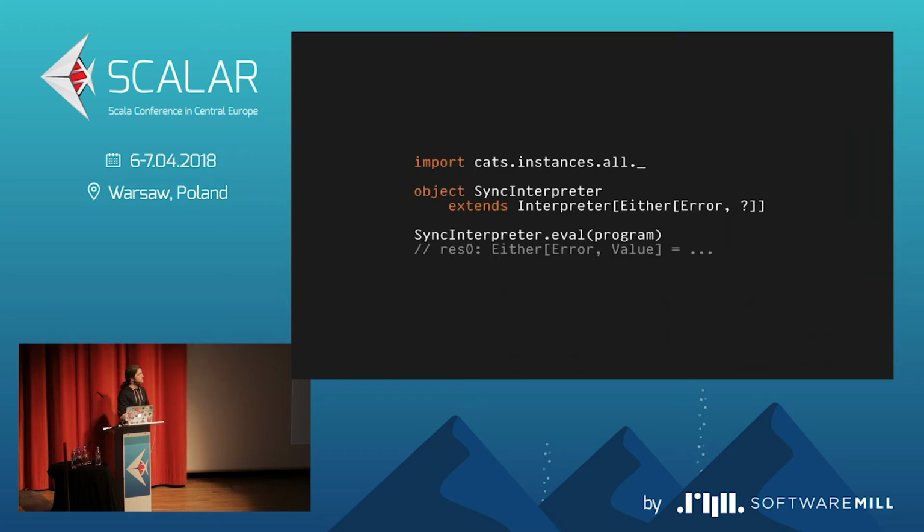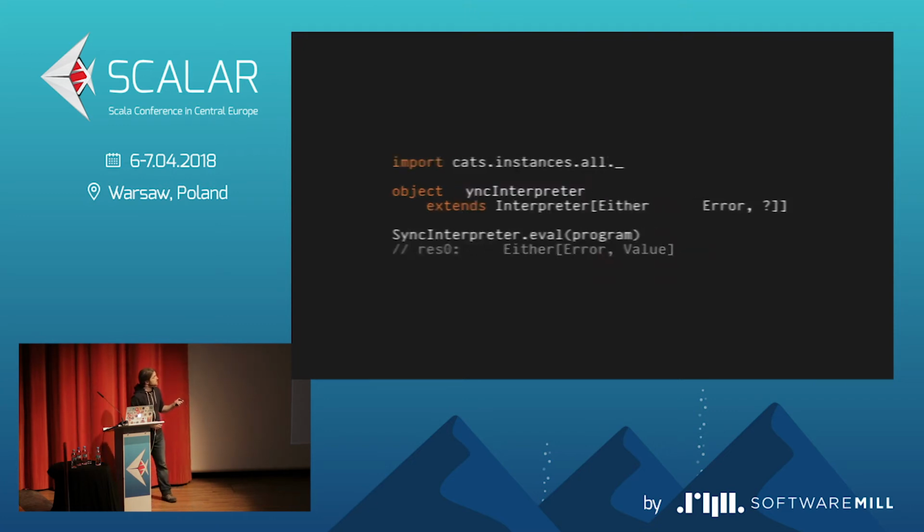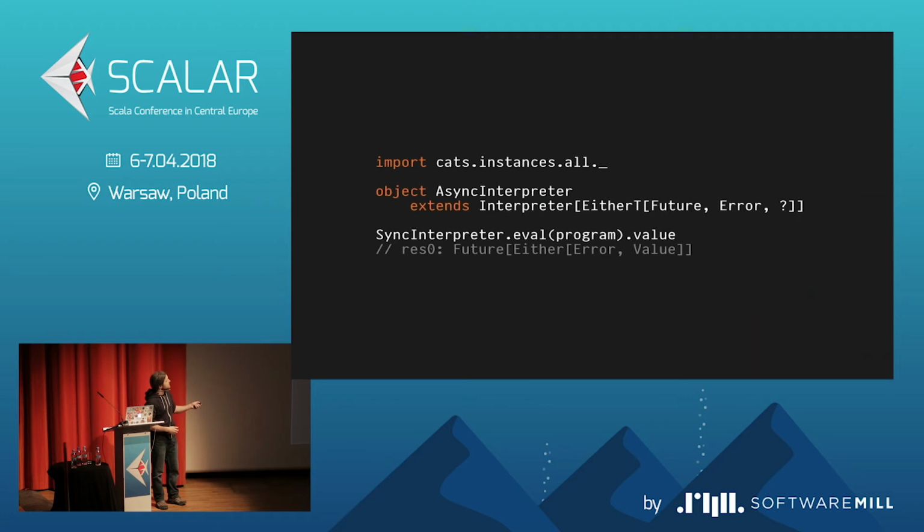And this is great. This gives us the ability to create interpreters for different scenarios. Here's a synchronous interpreter. I built it on top of Either, and I call eval and I get an Either back. But I can use a couple of more little bits here. I can make an asynchronous interpreter where, if you know EitherT, you know it, and if you don't, don't worry about it, but this is basically having a Future of an Either and running that through the interpreter as well.